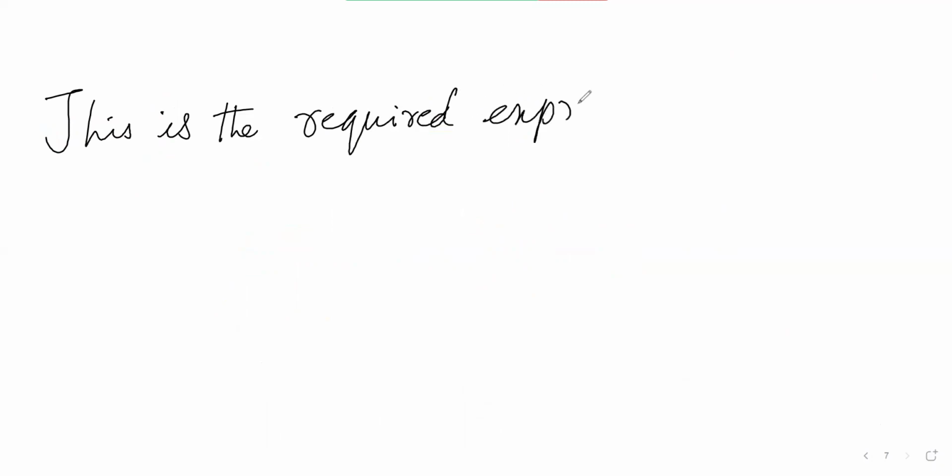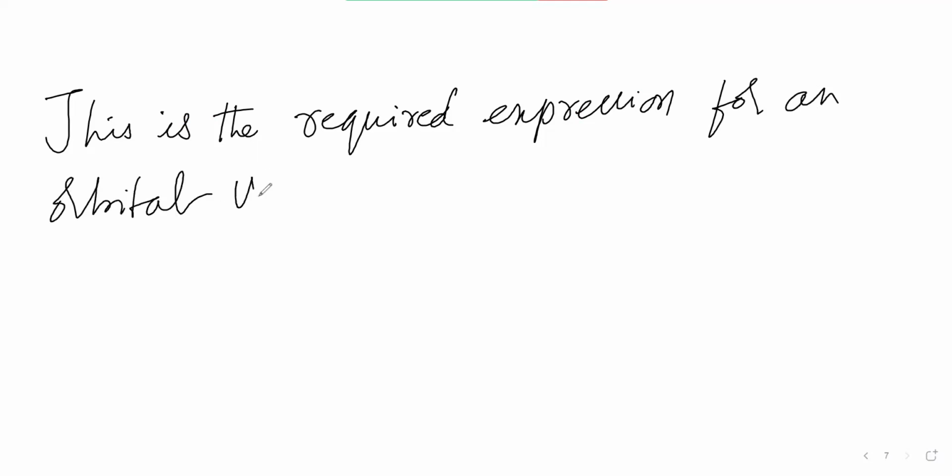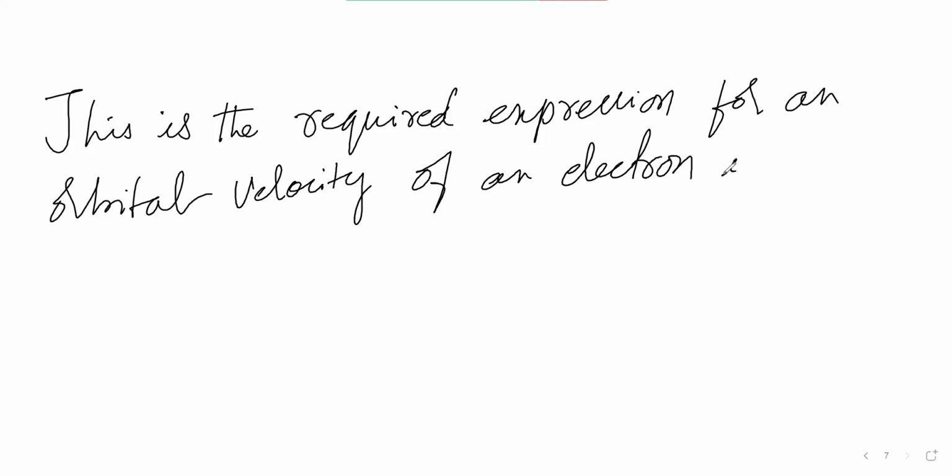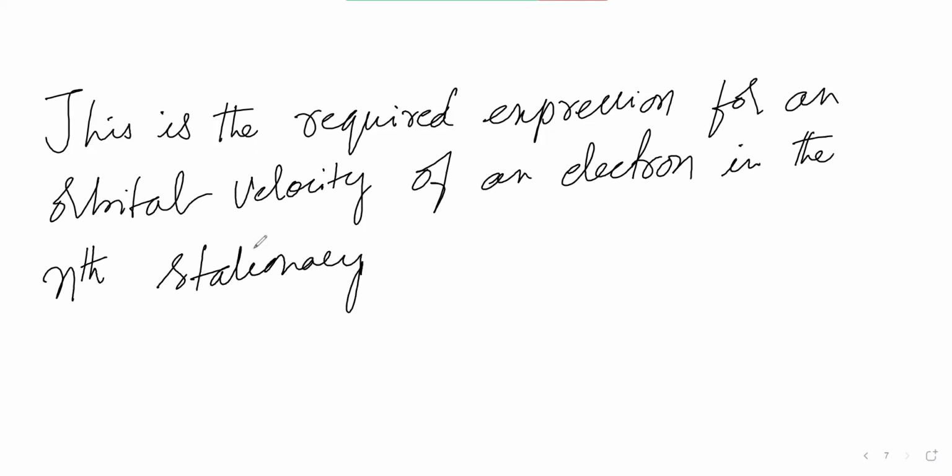So we can write here: this is the required expression for the orbital velocity of an electron in the nth stationary orbit of an atom.